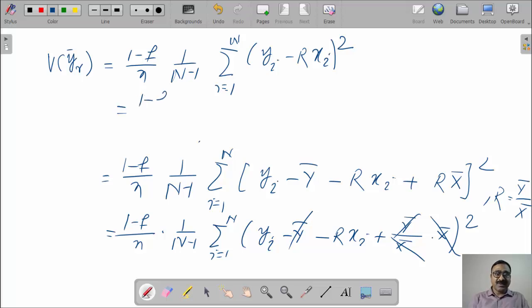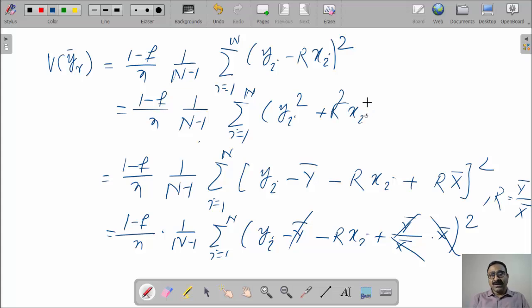So that means this will be (1 minus f) by n into 1 by (n minus 1) summation i equal to 1 to n (yi square plus R square xi square minus 2R yi xi).